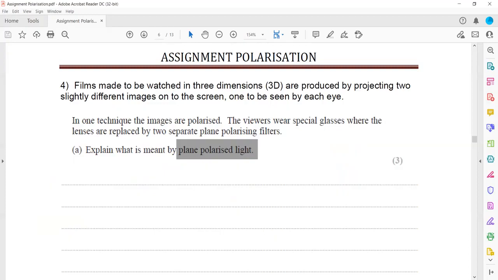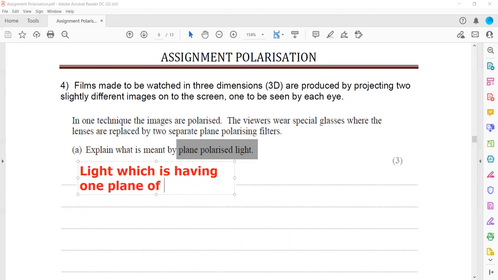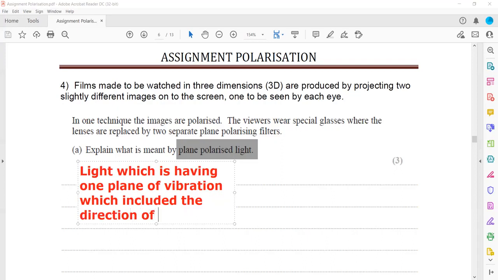So: light which has one plane of vibration which includes the direction of propagation.